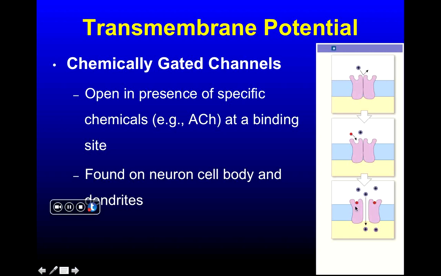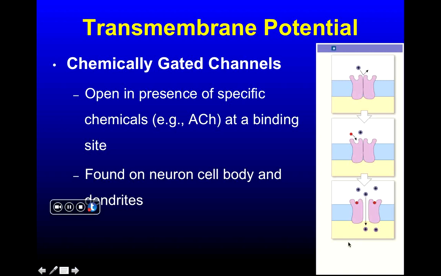Now some chemical comes along, the red dot, and it binds to this chemically regulated channel. And guess what happens to the channel? It opens up. Now what happens? Well, you've established a gradient. Now the ions can move into the cell. What does that do? Well, this is a positively charged ion. It's now going to change the inside of the cell, therefore the membrane charge. That communicates something, right? There's a change.